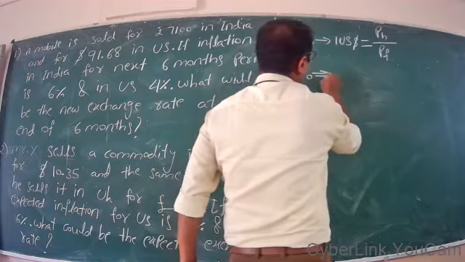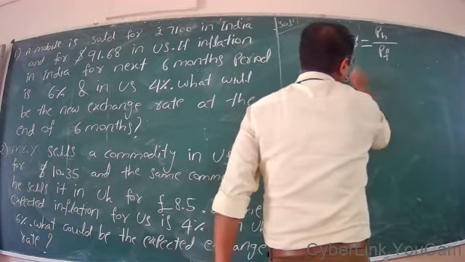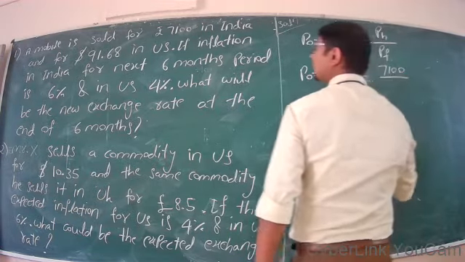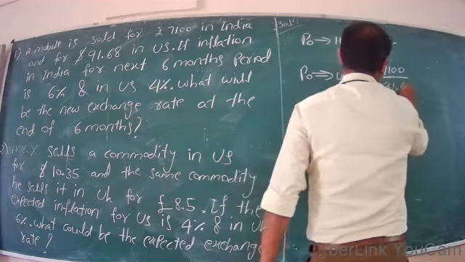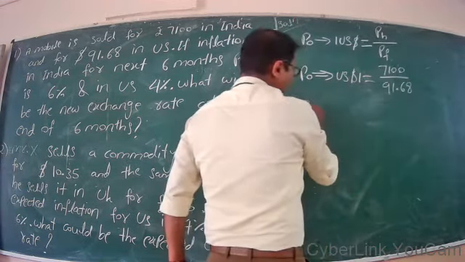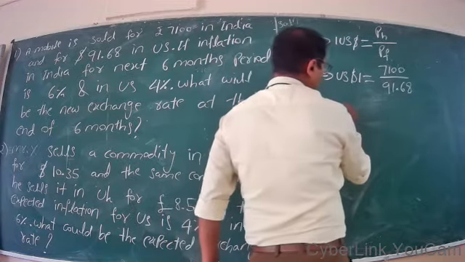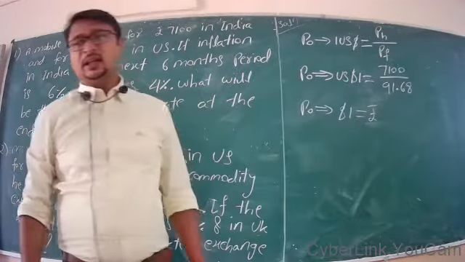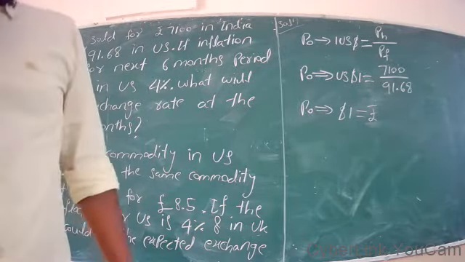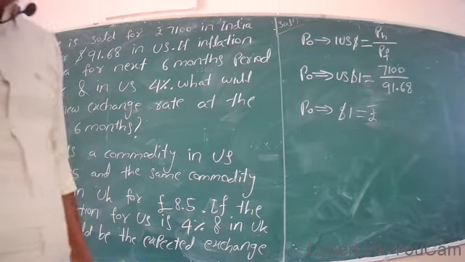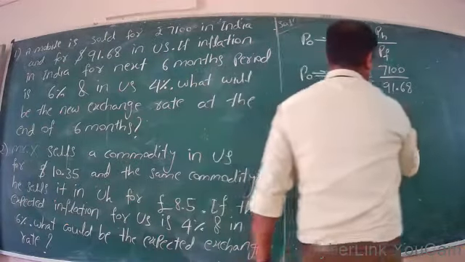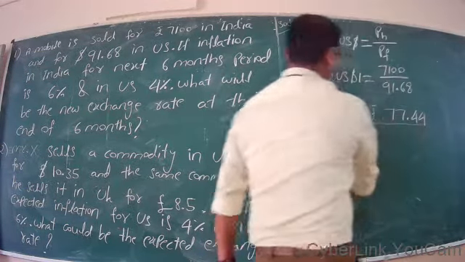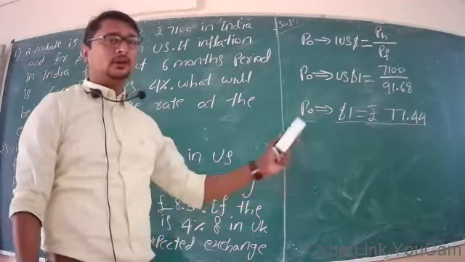We are calculating P0, that is, for 1 US dollar it is equal to 7,100 divided by 91.68. So P0, the spot rate for 1 US dollar, is equal to rupees 7,100 divided by 91.68, that is rupees 77.44. So this is the P0. Why do we need P0 or the spot rate?